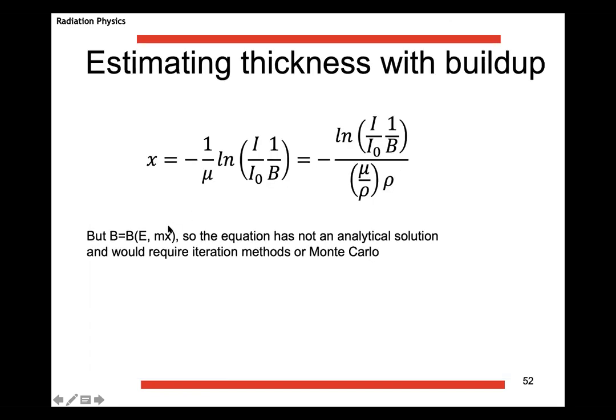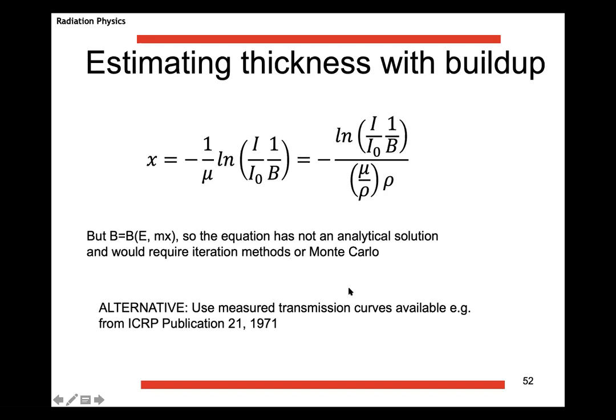Apparently it is easy, but the problem is that the build-up factor, as we have seen, is a function of the energy and of the number of mean free paths. So this equation has no analytic solution and would require iteration methods or Monte Carlo. It's not possible to solve it without iteration methods or Monte Carlo, or if you are really lazy like me, just take the transmission curves that you can, for example, get from the ICRP publication 21, 1971.